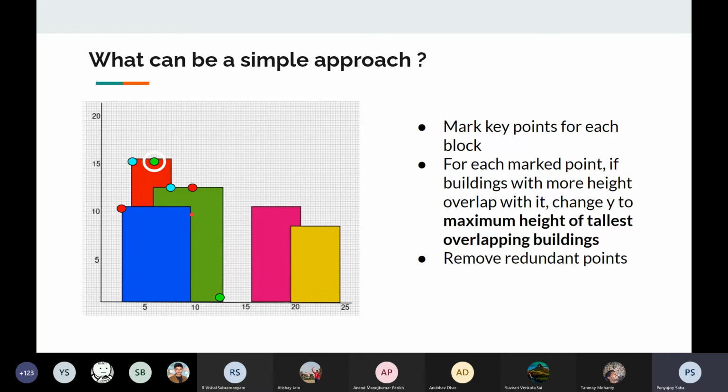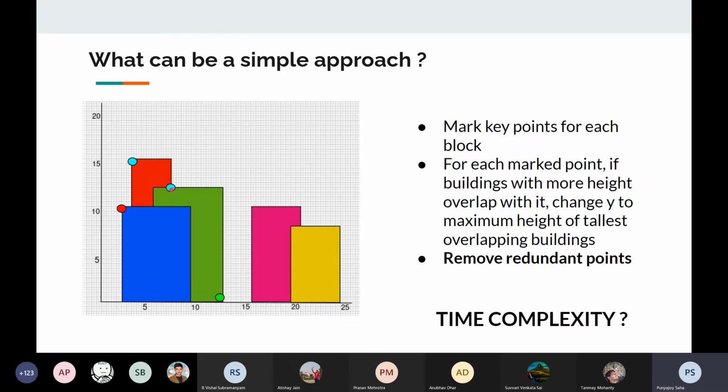Sir, if the previous point is change in y axis. Yeah, if there is no change in the y-axis, in that case you have to keep the leftmost points. So here there is no change in y-axis, and you have to keep this point. Similarly for this. That will finally give you this output.